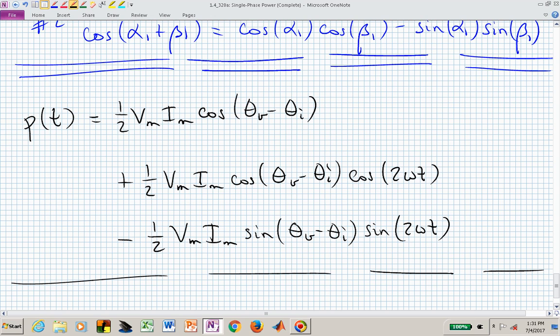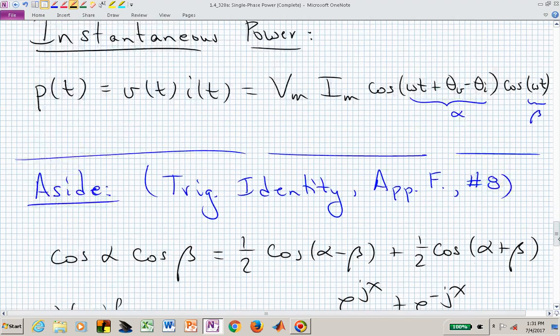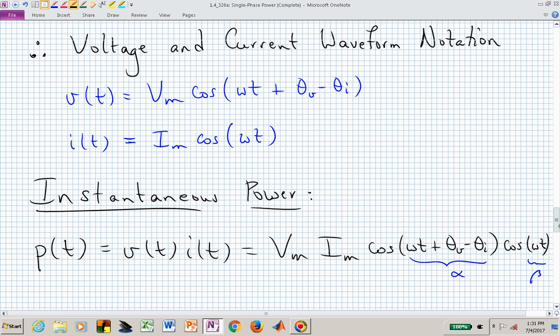For now, let's look at the average power of that particular generic element that, again, had associated with it a voltage V of t and a current I of t, where the two differed in phase by this difference, theta sub v minus theta sub I. They're both oscillating at the same frequency, omega, radians per second.